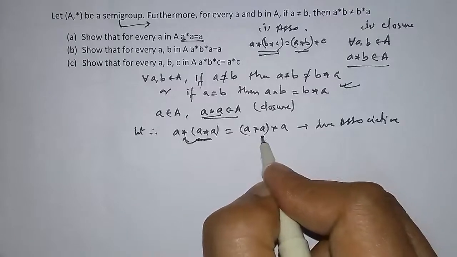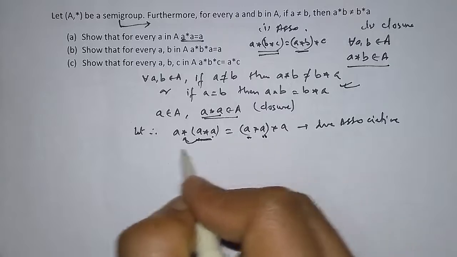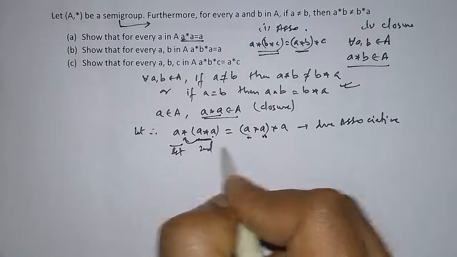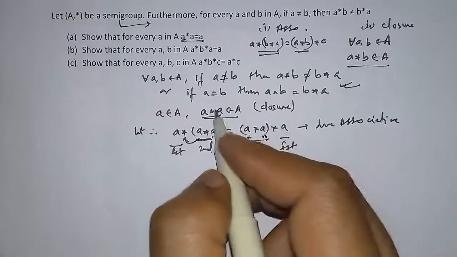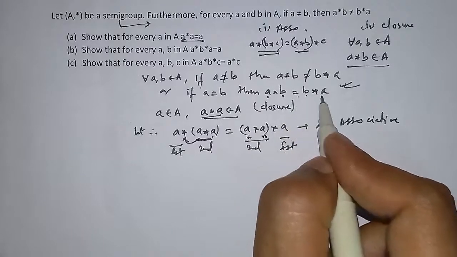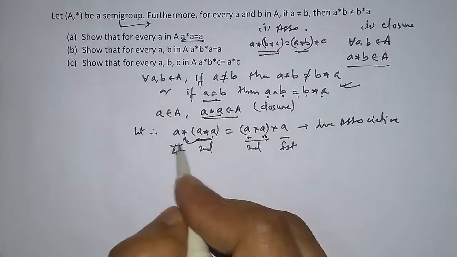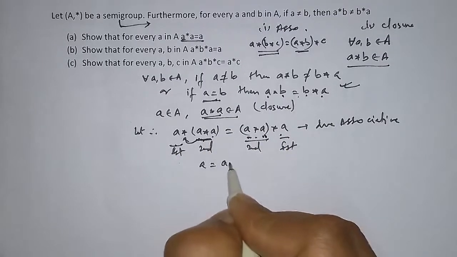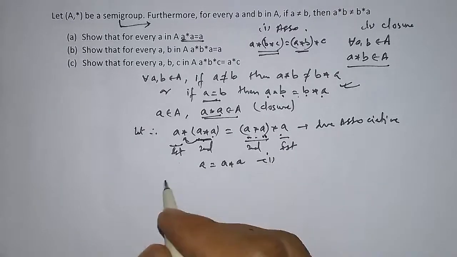Here I have changed parenthesis to between the first and second term. If we consider this as first term and this as second term, now this will become second term and this as first term. First term into second term is equal to second into first, implying A is equal to B. In the same way, first into second is equal to second into first, means A is equal to A star A. First result has been proved.